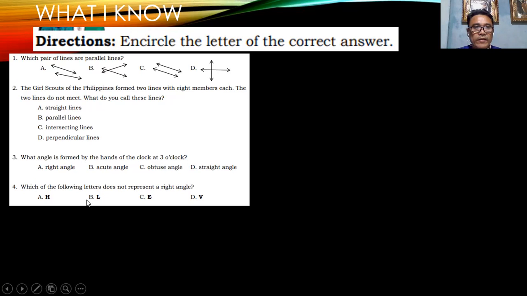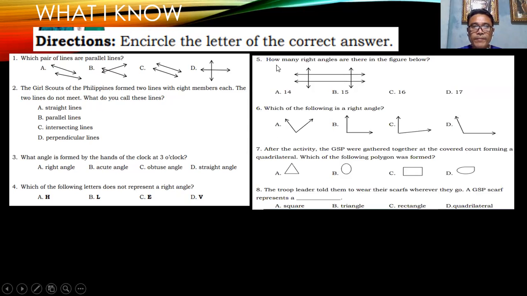A, B, C, or D? 5. How many right angles are there in the figure below? Number 6. Which of the following is a right angle? A, B, C, or D?